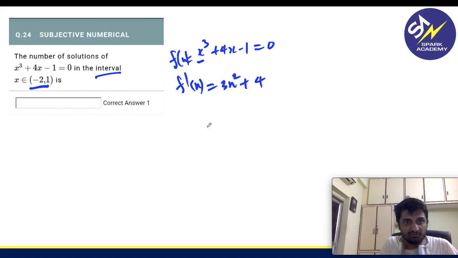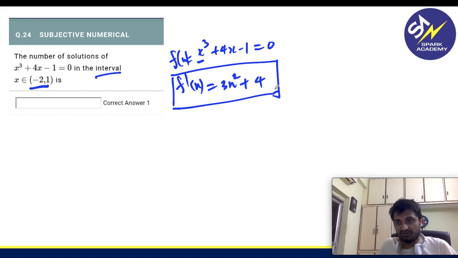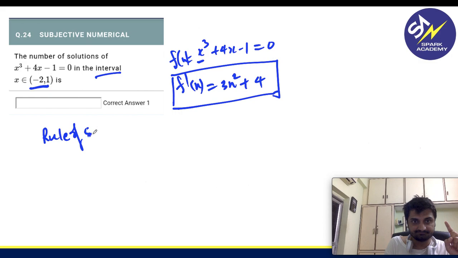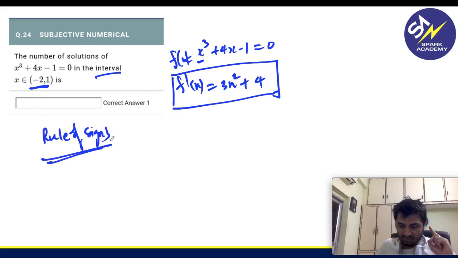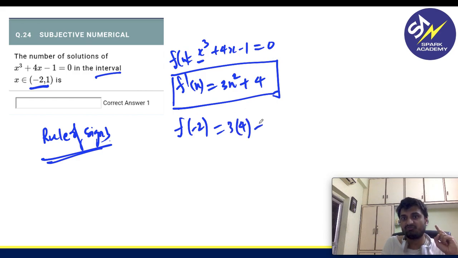So for the extreme value, what am I getting here? If f dash of x is greater than 0, there is a rule called the rule of signs. If this is from minus 2 to 1, first substitute minus 2. What is happening? 3 times minus 2 whole square is 12, plus 4, 16.